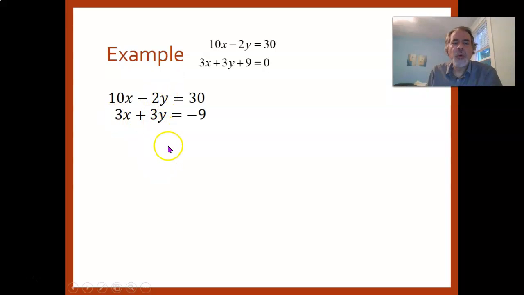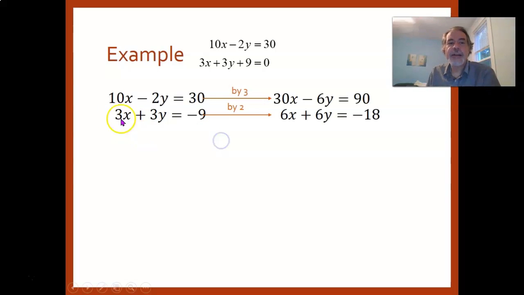I decided to do it with the y's. That seemed a little easier to me. So I multiplied the top equation by 3, which would turn this minus 2y into a minus 6y. That would mean that I need a plus 6y in the bottom equation, so I'm going to be multiplying it by 2. So when I do that, here's what I get.